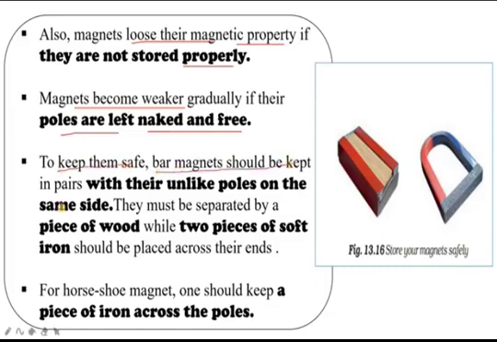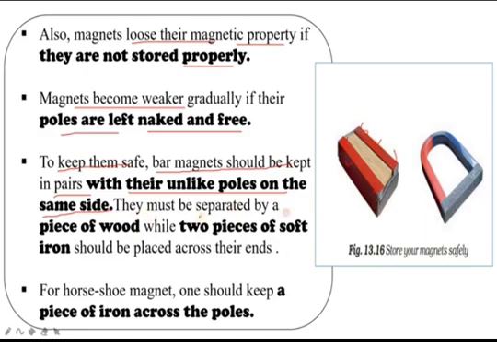They must be separated by a piece of wood, while two pieces of soft iron should be placed across their ends. Keep the magnets this way, or else the attracting power slowly becomes less.